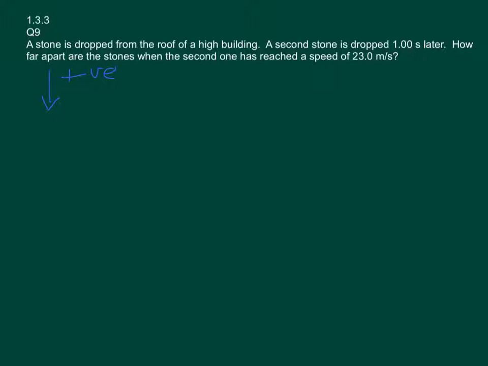Positive. And we need to look at two scenarios. We've got to look at stone 1 and stone 2. Okay, so VI, stone 1, is 0.